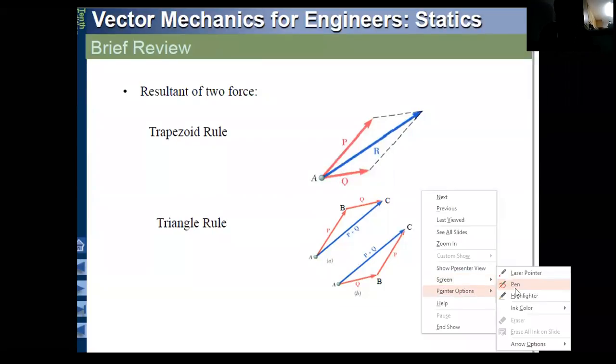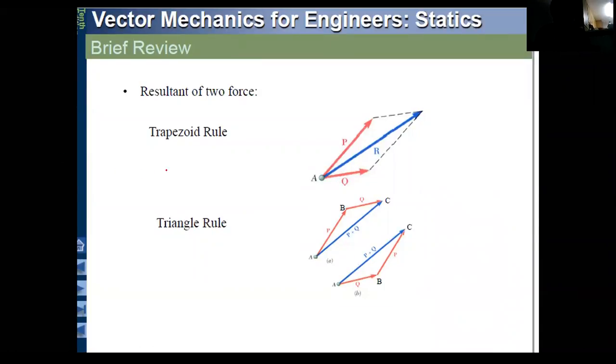So here we have P plus Q equal to R. Or you can choose the endpoint of one vector as the starting point of another one, and you get the same result, P plus Q equals R. The resultant of the vectors is equal. It does not matter where you locate the vector in space.